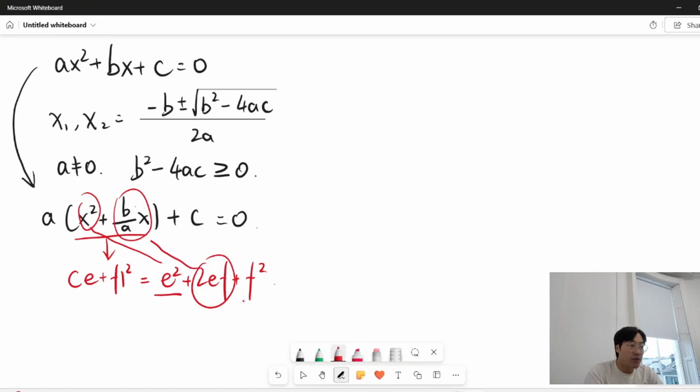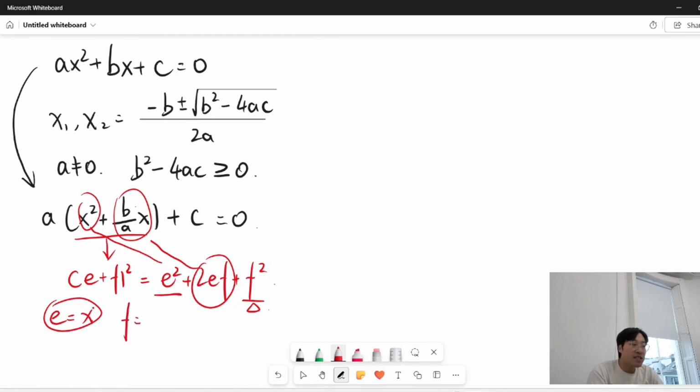However, we are trying to find the f squared in order to make it a perfect square form. So we know that e here refers to x, and 2 is 2, but f is something that we don't know.